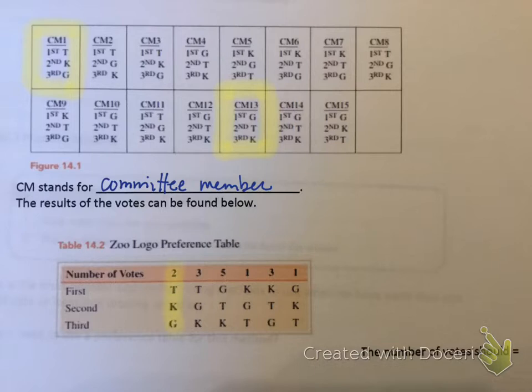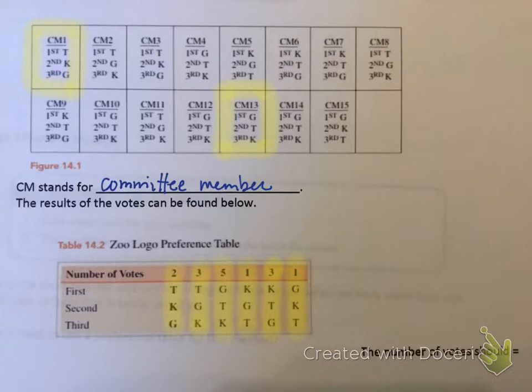And then there were three people that voted in this order: tiger, giraffe, kangaroo. There were 5 people that voted in this order: giraffe, tiger, kangaroo. 1 person voted in this order: kangaroo, giraffe, tiger. 3 people voted kangaroo, tiger, giraffe. And finally, 1 person voted giraffe, kangaroo, tiger. So that's what a preference table looks like.